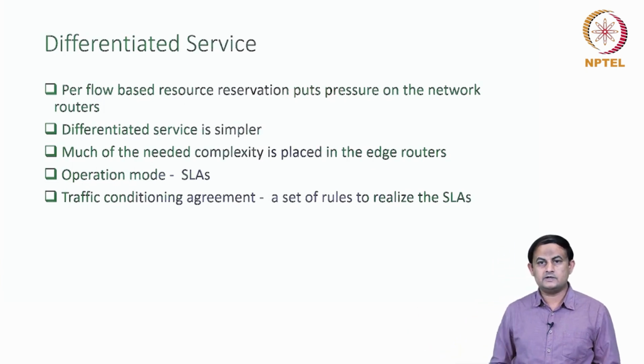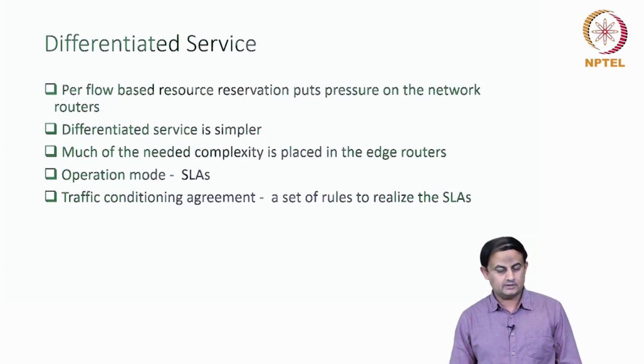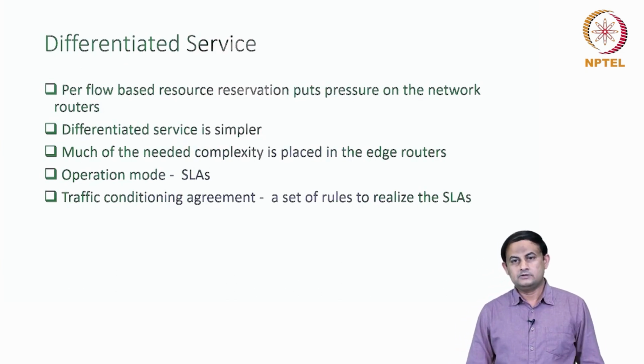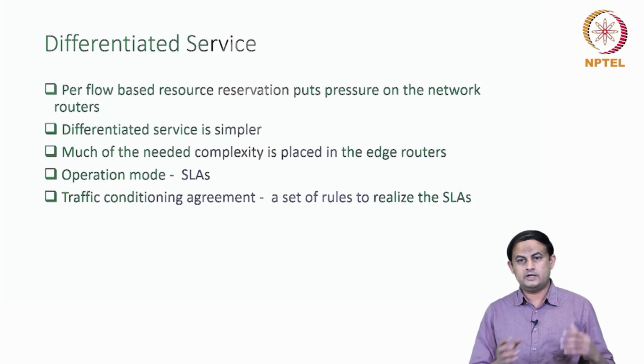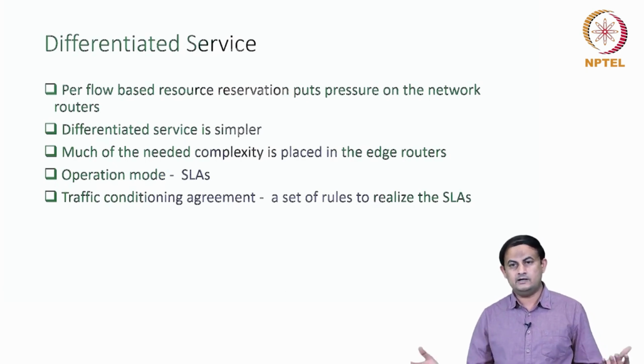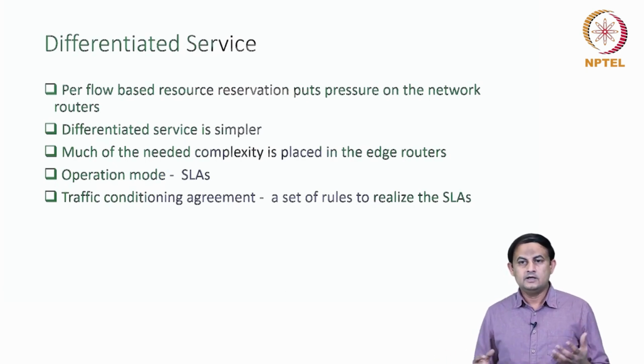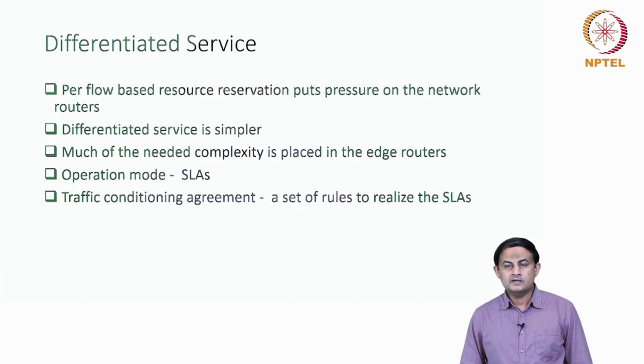And this reservation puts a lot of pressure on the intermediate routers. They need to remember which endpoints require what kind of bandwidth and other things, and remembering that itself, and then comparing them at runtime, would be a challenge.